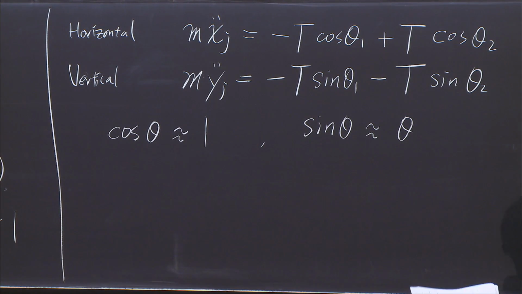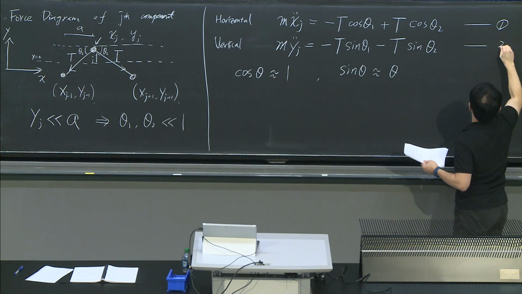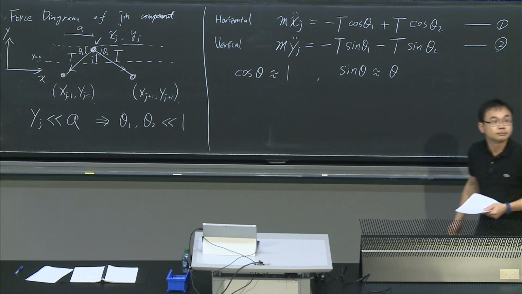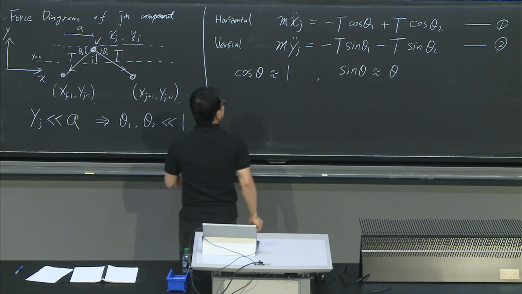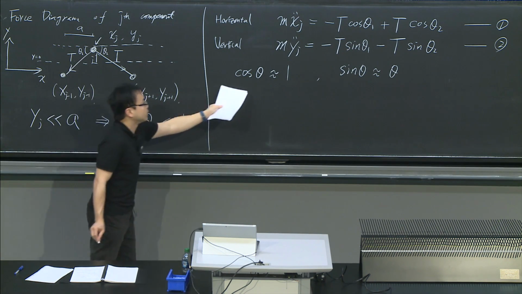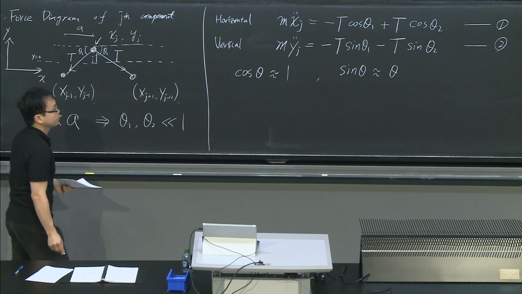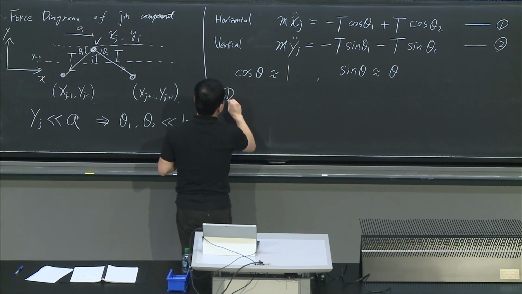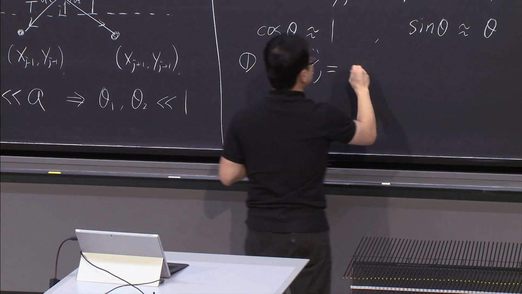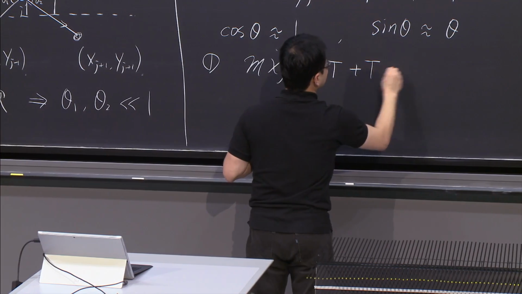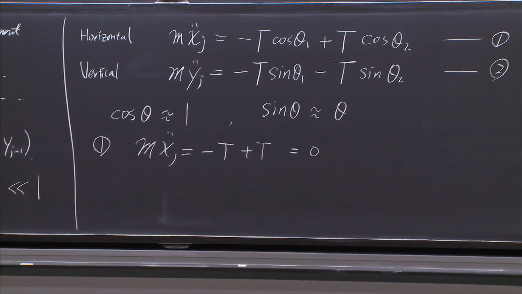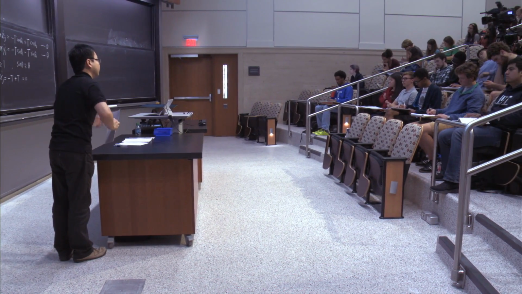I will call the first equation number 1, and the second equation in the vertical direction equation number 2. Up to here, everything is exact. Now I make the small angle approximation and see what happens. Equation number 1 becomes m xj double dot equal to minus T plus T, and this is equal to 0.